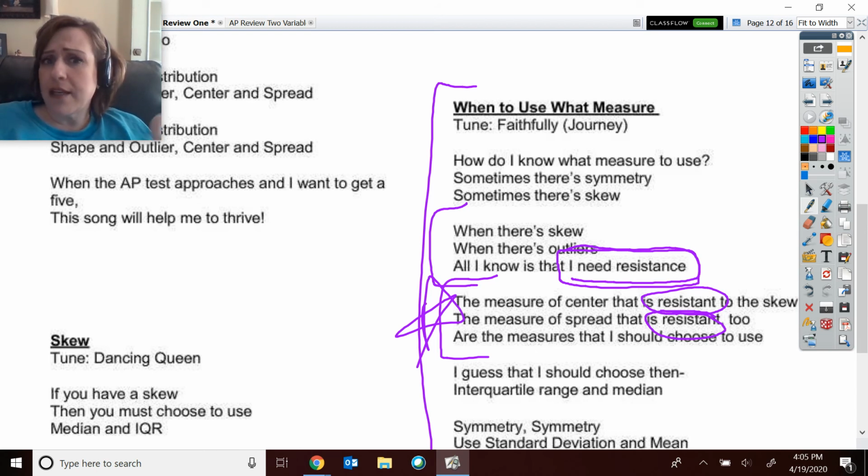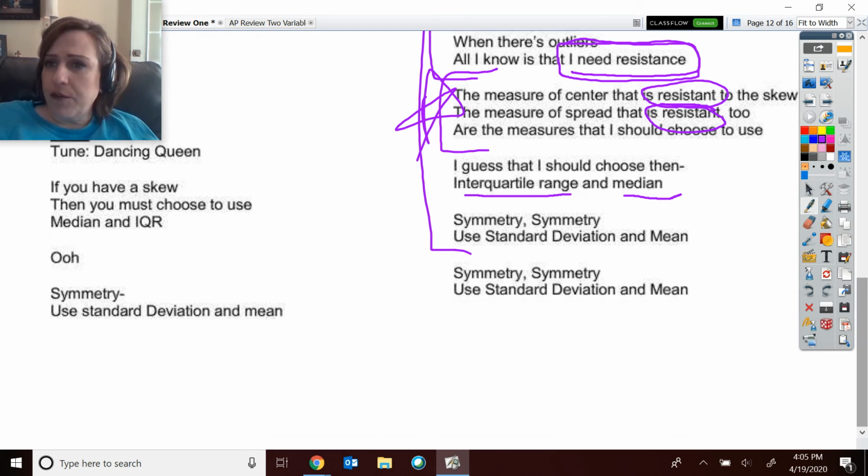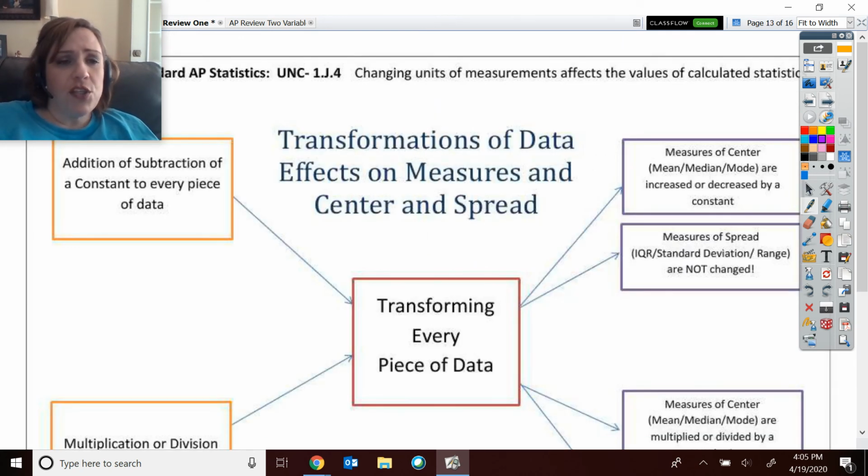If you have skew and outliers, then you're going to want to use IQR and median because they're resistant. And then of course I sang your little song: if you have skew, then you must choose to use median and IQR.